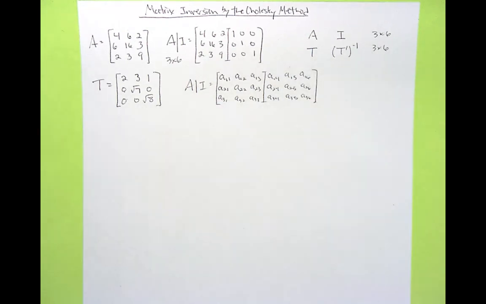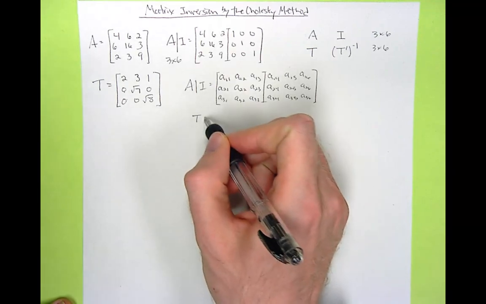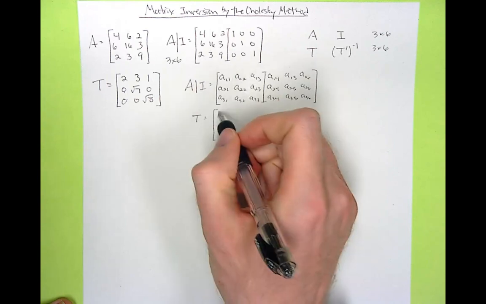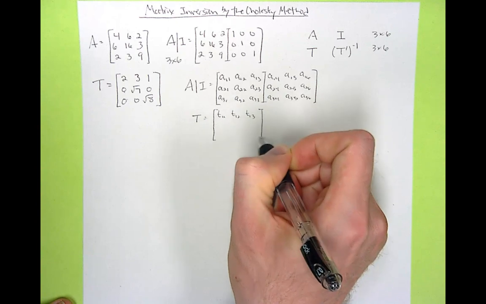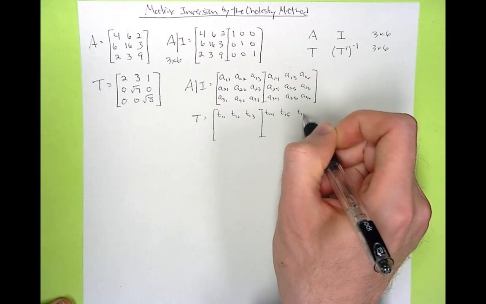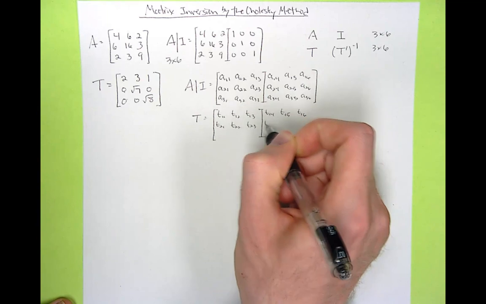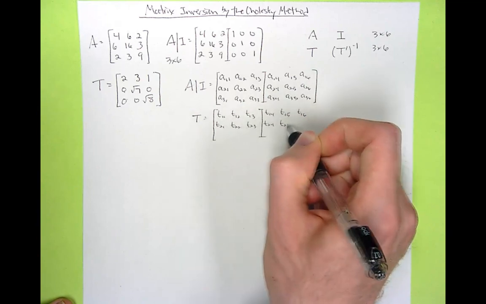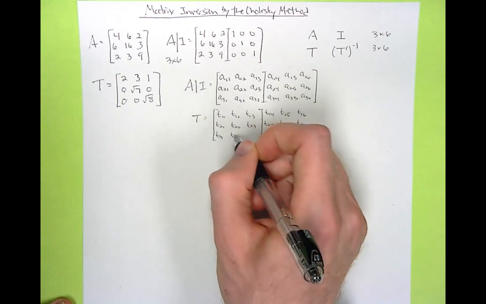Okay, you might thank me later, you might not. But I'm also going to do T. So for T, we have T11, T12, T13, T14, T15, T16, and our last row.